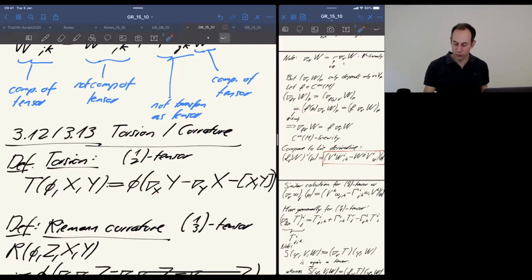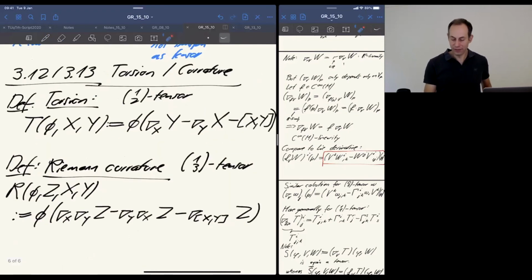And now we define a new tensor, this tensor here. And this tensor depends, rather directly actually, on these gamma symbols. We will write down an explicit coordinate expression, and there we will explicitly see how the gamma symbols enter. Essentially what we will see is that the torsion is just the antisymmetric part of the gamma symbol, whereas the curvature is a slightly more involved expression involving derivatives and products of gamma symbols.